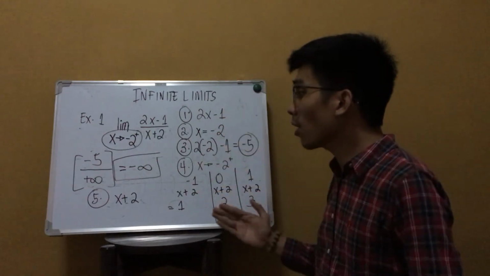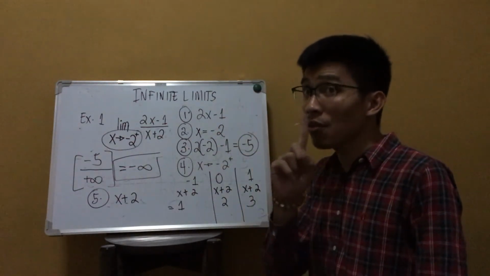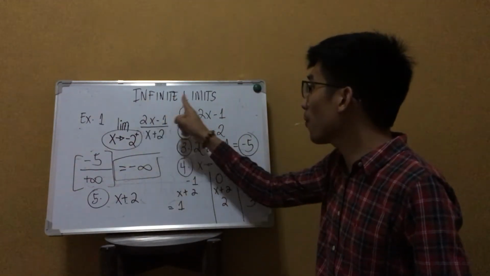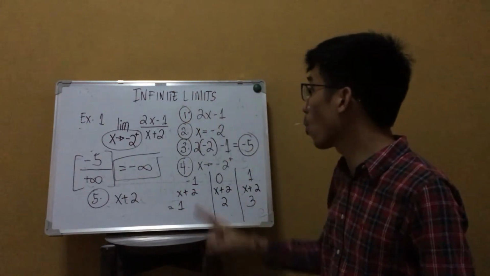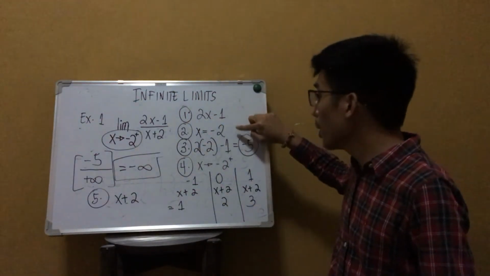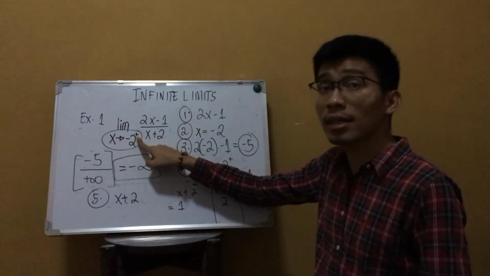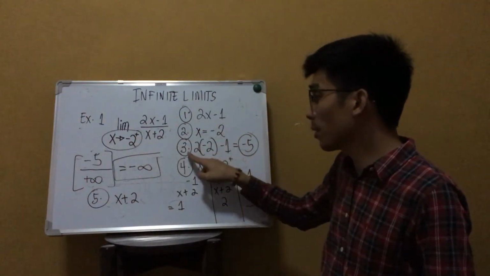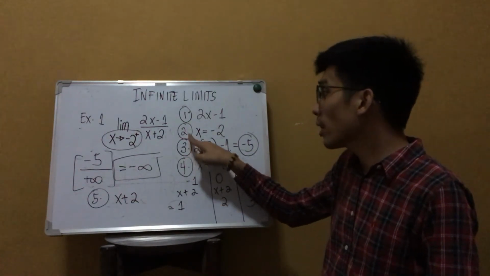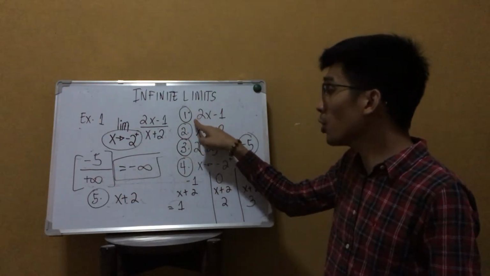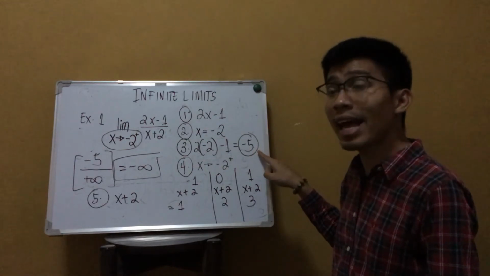Again and again, these are the 5 simple steps in solving an infinite limit. Step number 1, get your numerator. Step number 2, get where your x approaches, disregarding the sign at the top. Step number 3, substitute the value of step 2 into step 1, and that is negative 5.